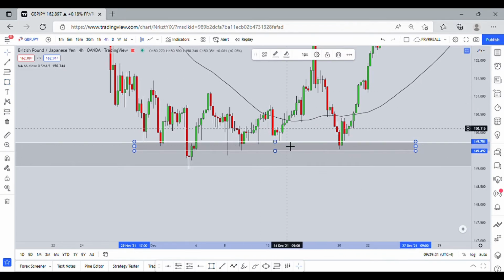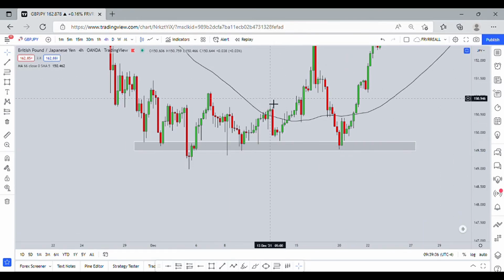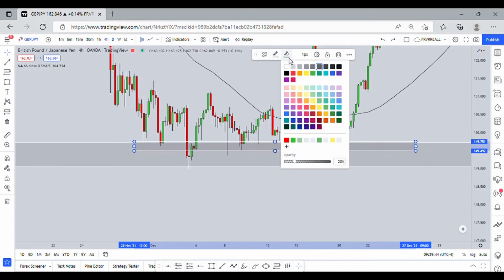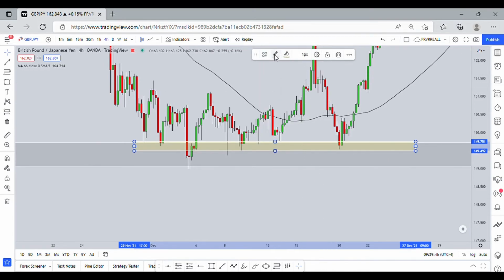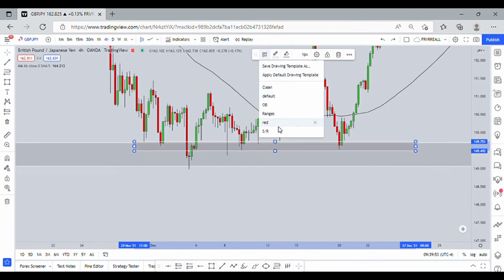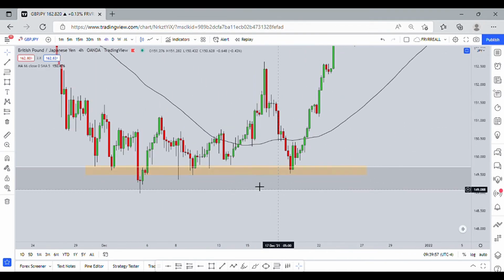What I simply do is delete the previous, unrefined level. But if you don't want to, you can just change the color and make it a different color for you to be able to remember.